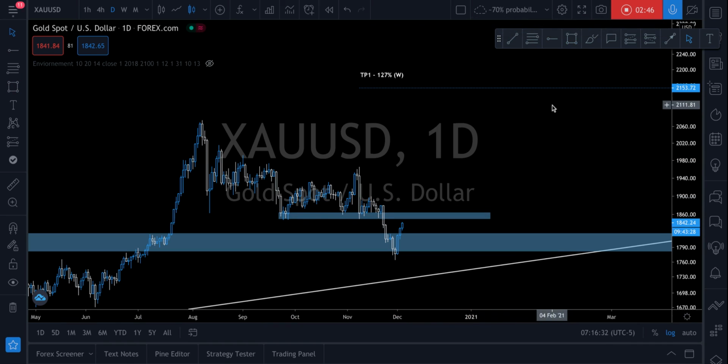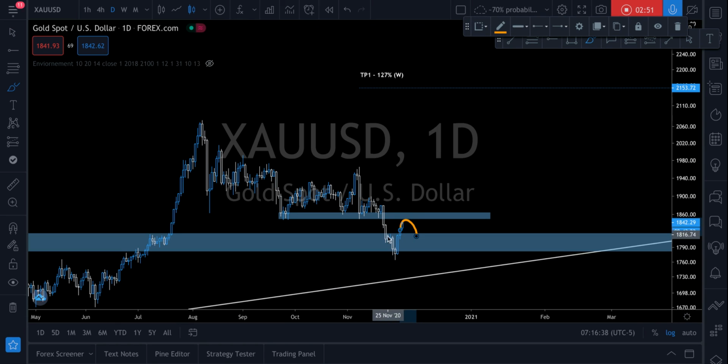So we have some potential resistance right here that could be problematic for us. And what we wanted to see is basically come up and test this as support and maybe even do another one just like that. And then from there, we can start seeing a move upward. But what we really want to see is at least one test of support structure being tested as support.